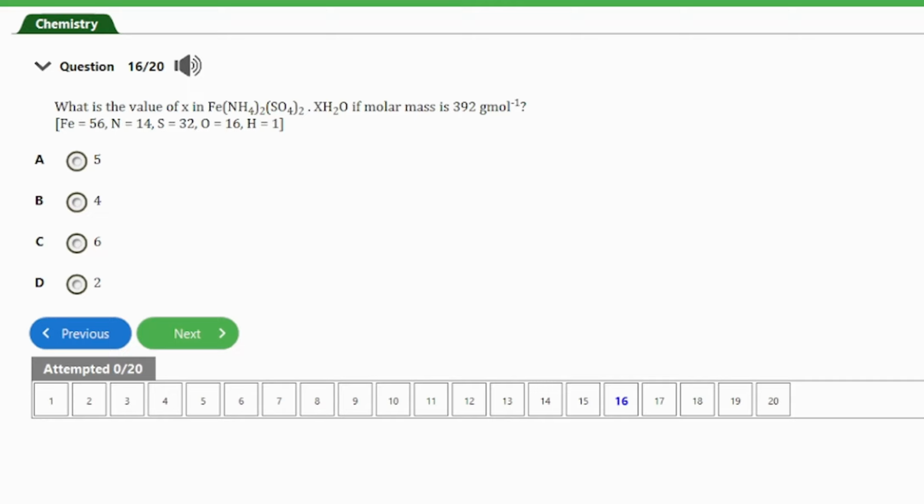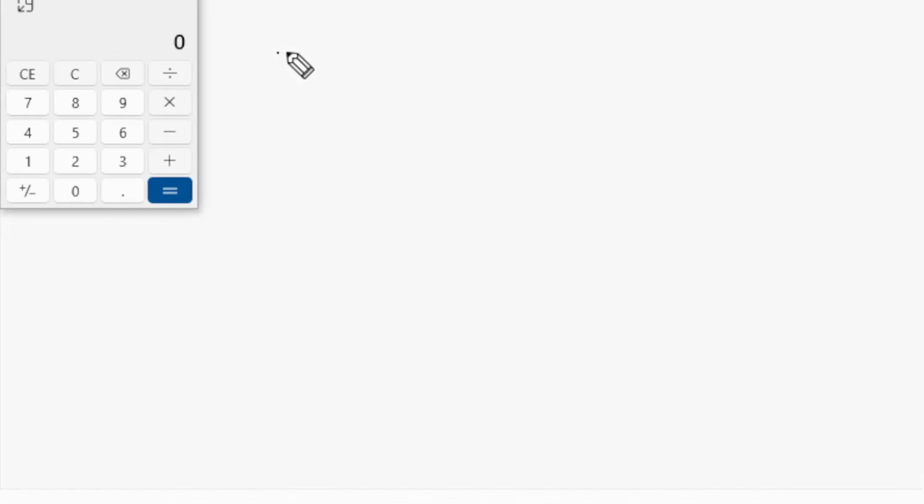So we're going to have iron is given to us as 56. So 56 plus nitrogen is 14 here. That's 14 plus hydrogen is 1, then times 4, and that's 4. So these two together are multiplied by 2.